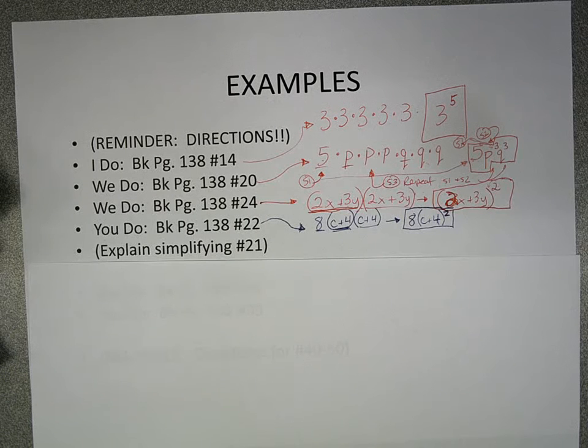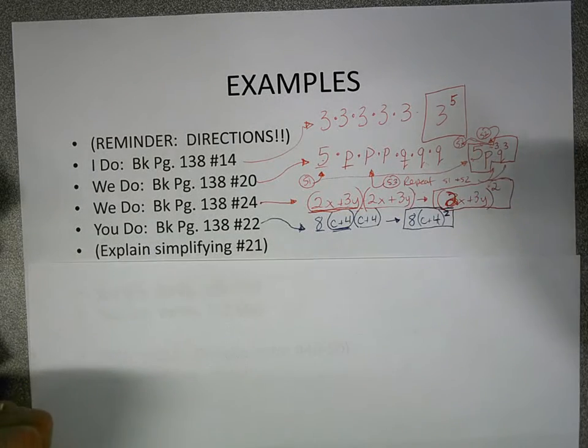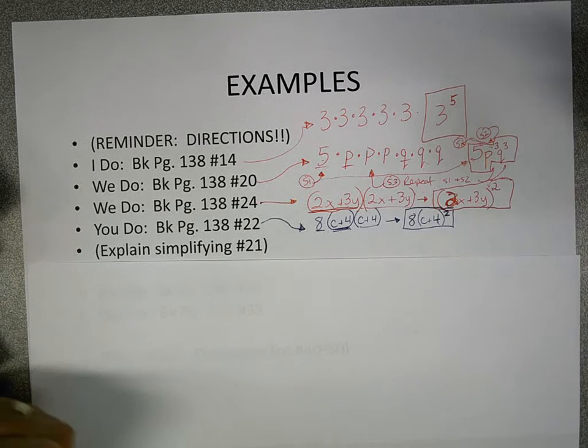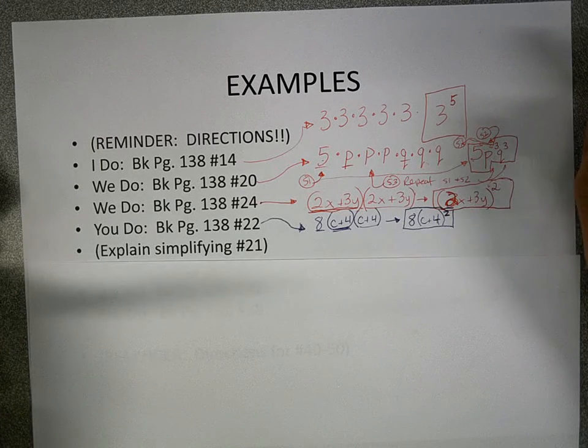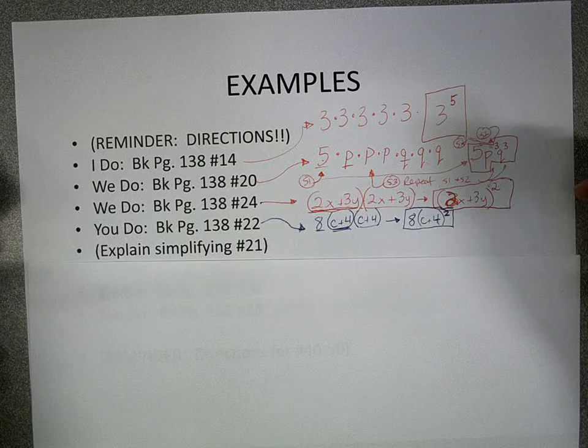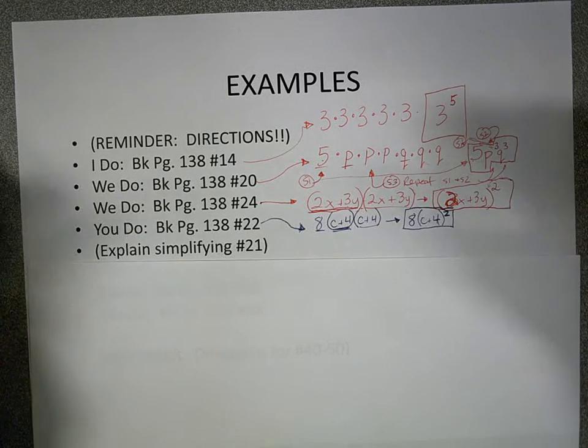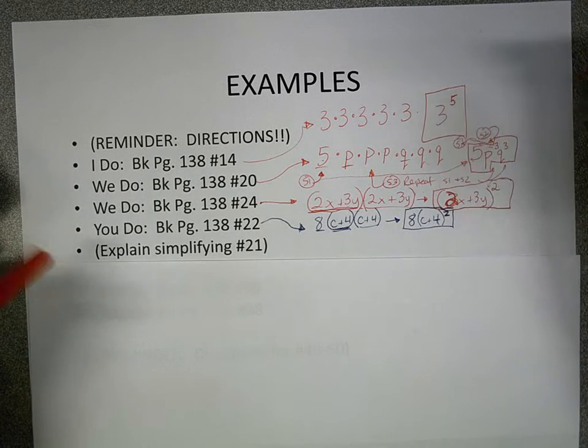It's just a little extra note, and that is with any of these, there was nothing we can simplify other than just putting exponents on and putting it in exponential form. However, if there is something you can simplify, and in number 21 there is, go ahead and simplify it before you even start step 1. So simplify that part of the problem before you go ahead and put it in exponential form.